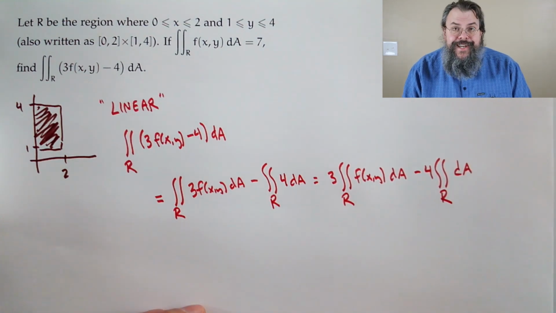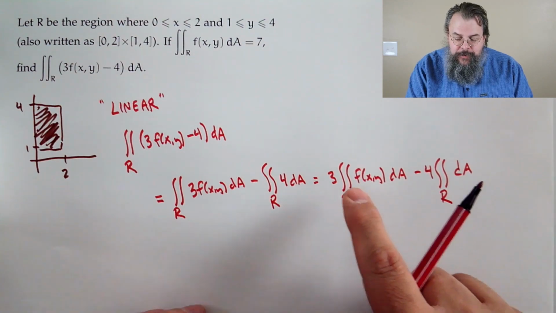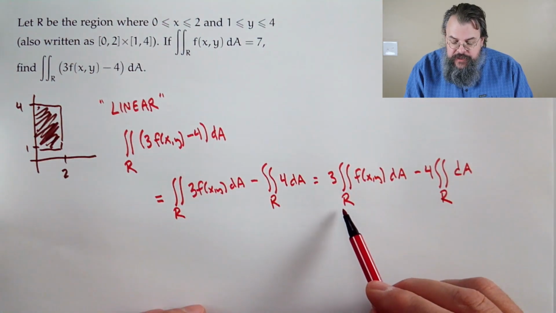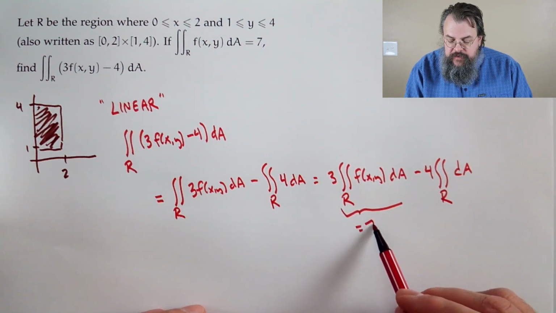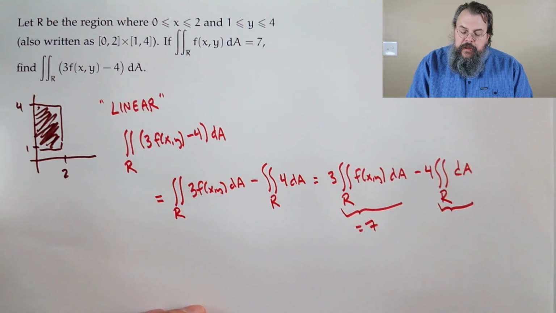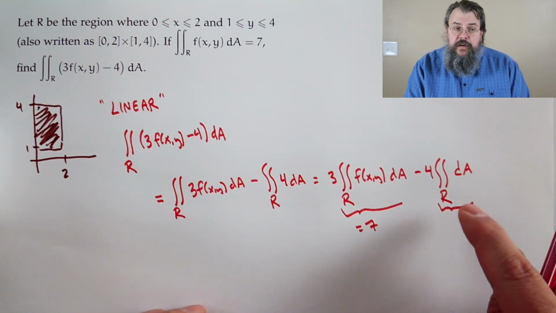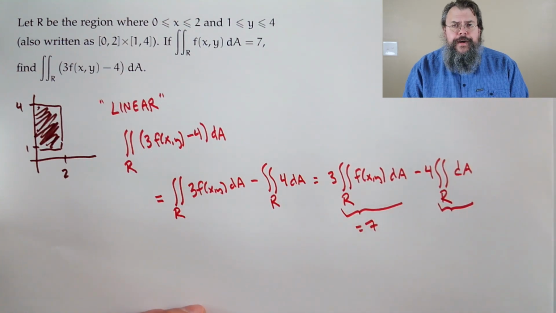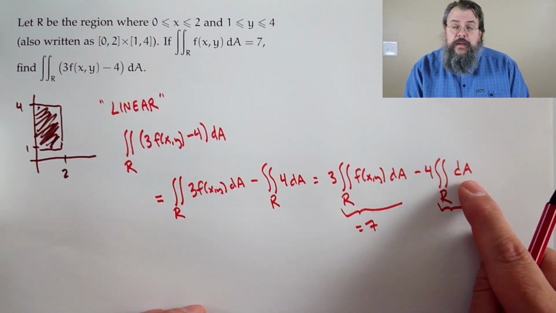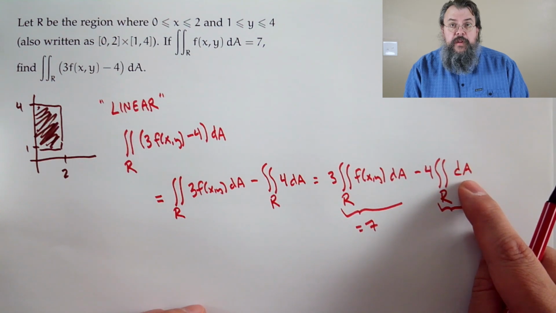Well, good news. We know what the integral over our region is of our function. So this first bit is equal to 7. How about this second bit? Well, it's the integral over our region of dA. And what is that finding? Well, it says you're breaking things up, because that's what integration is, and the contribution from each piece is the area of the piece.